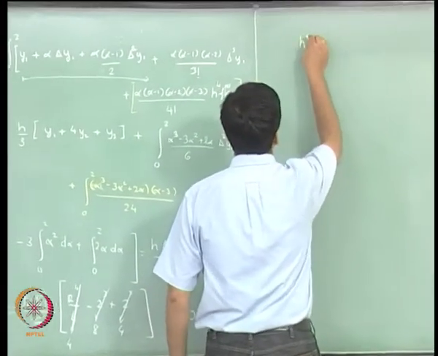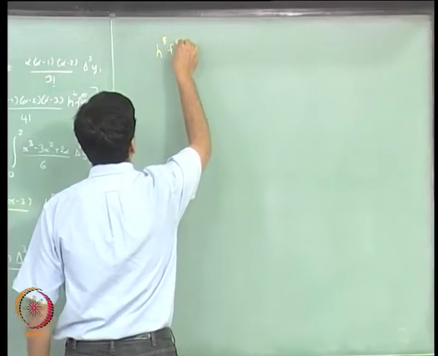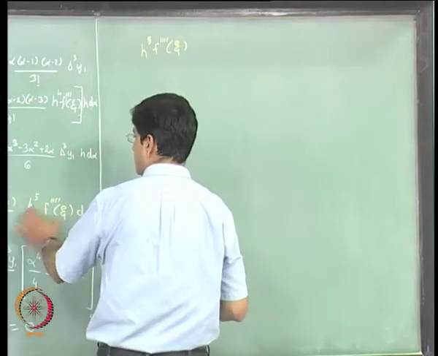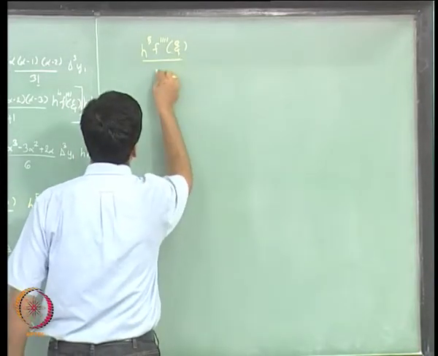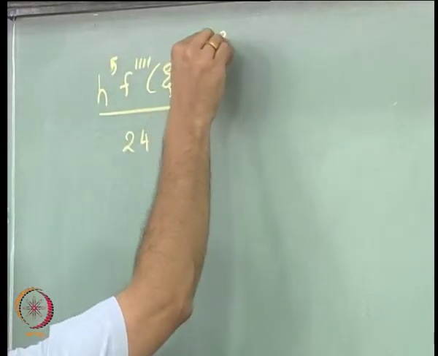So what we will write is h to the power 5 f 4 dash of zeta divided by 24 multiplied by the integral from 0 to 2.